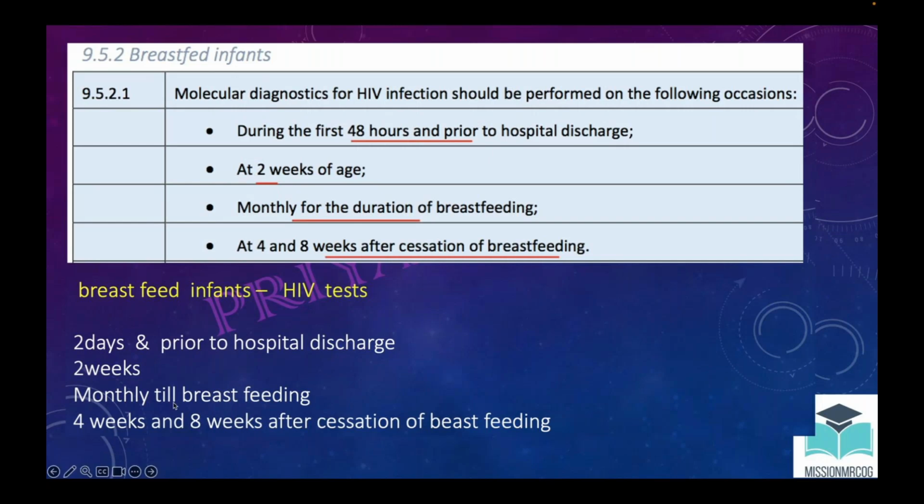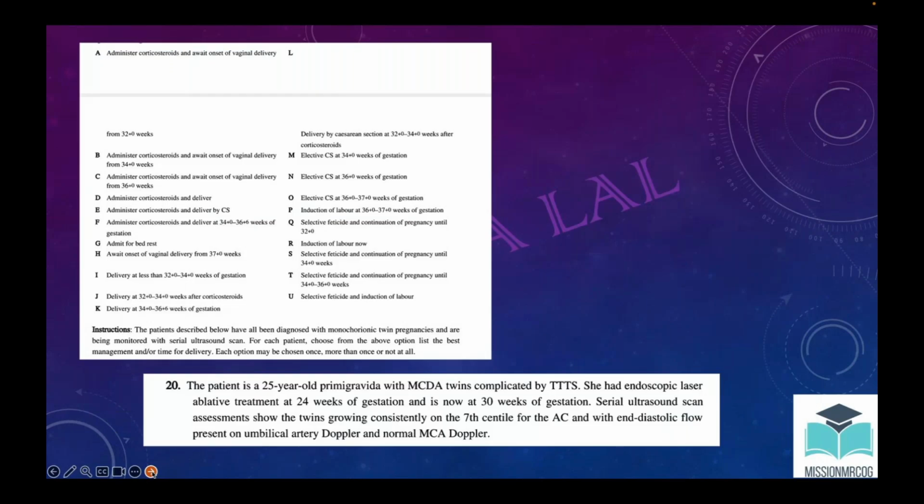But if the patient is already breastfeeding, the baby would be getting maternal antibodies already. Because of that, they are not doing testing, because the passive transfer of antibodies would be there.